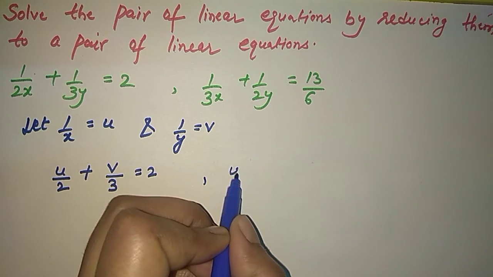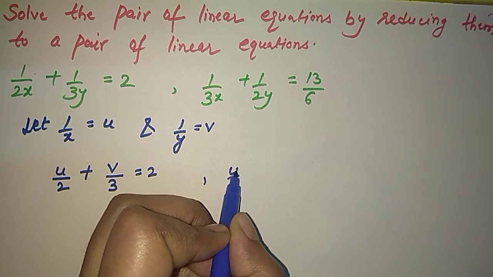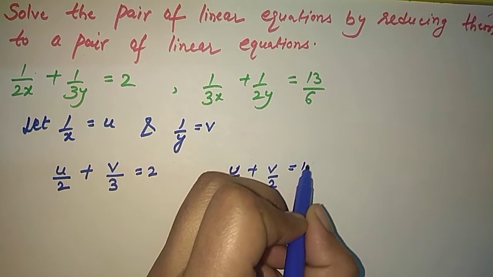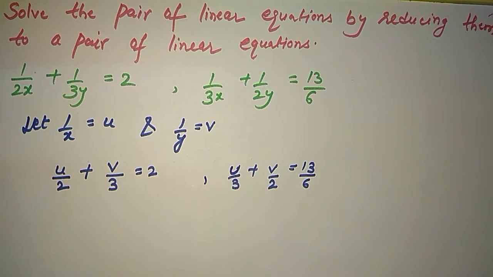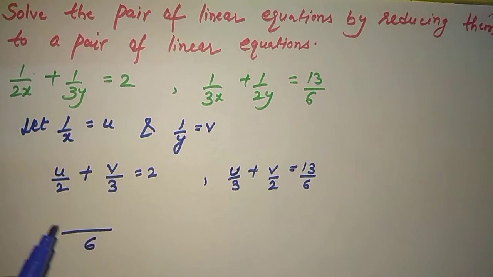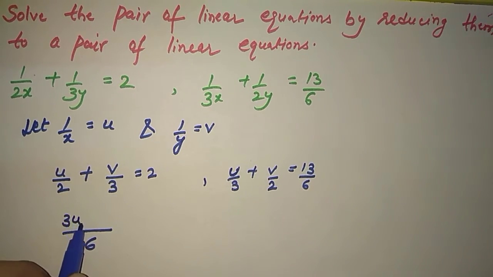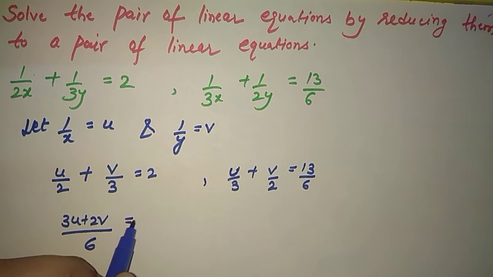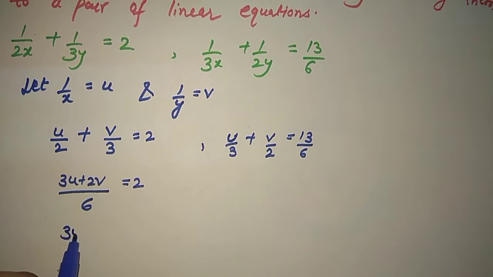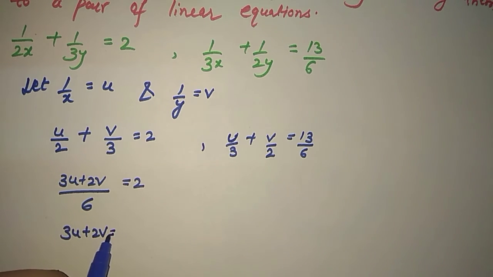Then we have u upon 3 plus v upon 2 is equal to 13 upon 6. Now take the LCM. On taking the LCM we have 6 here. On solving we have 3u plus 2v is equal to 12.